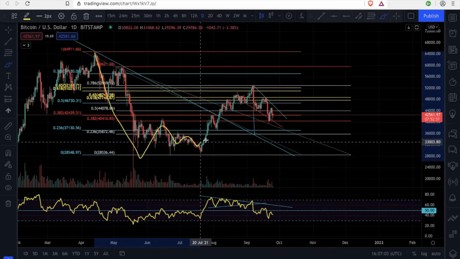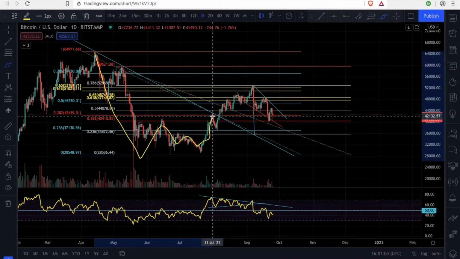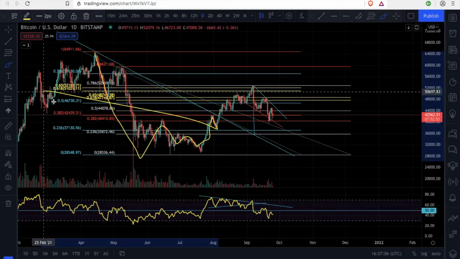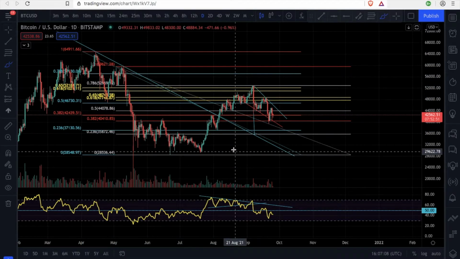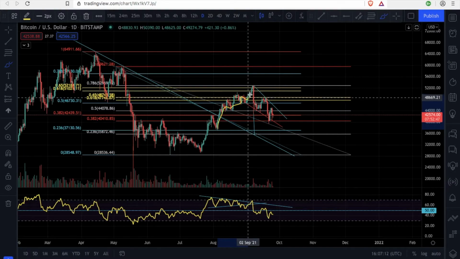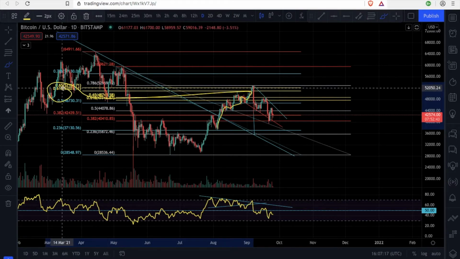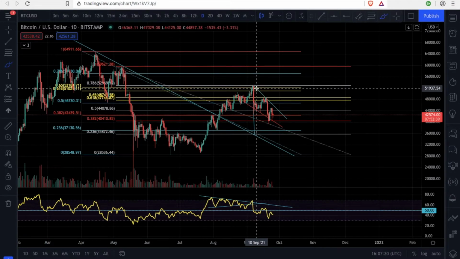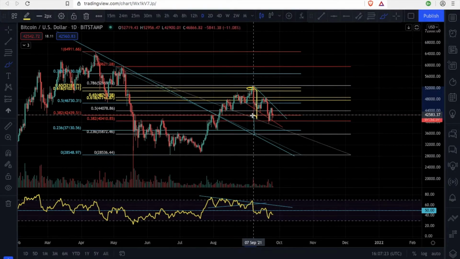Hovering around here, rejection here exactly at the 0.382 Fibonacci retracement, and then it went to the upside to where it attempted to go to this 0.618 Fibonacci retracement and this 0.65 Fibonacci retracement. It got heavily rejected.